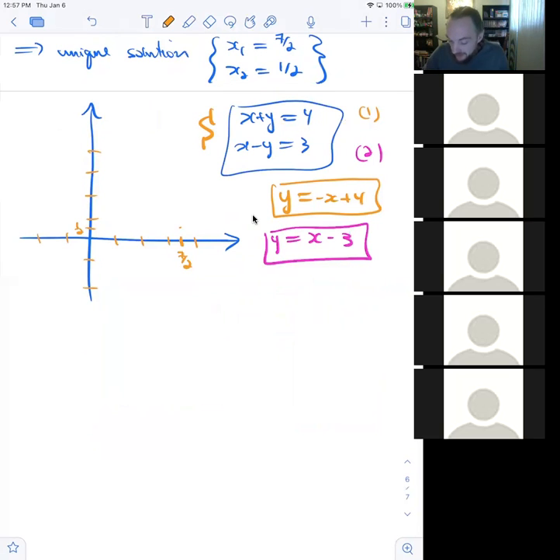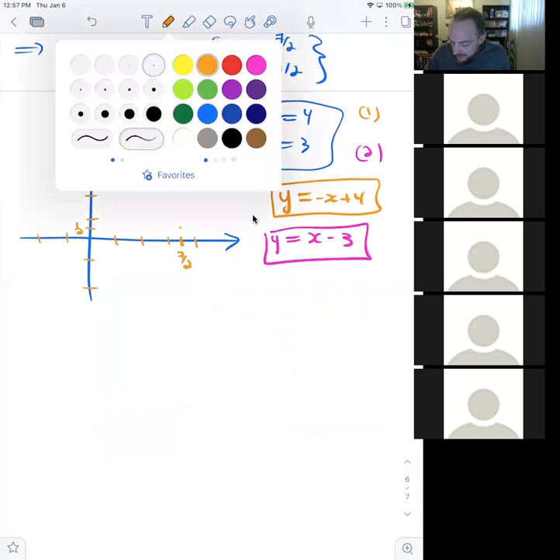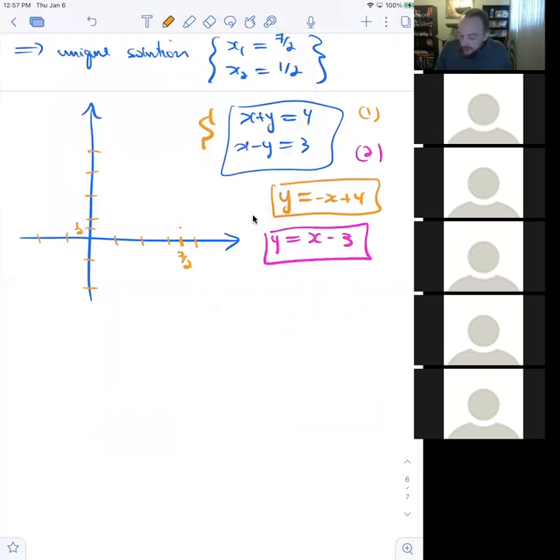When I draw these, how do I draw them? For the first one, every straight line is uniquely defined by 2 points. So I look at when x is 0, that implies y is 4.